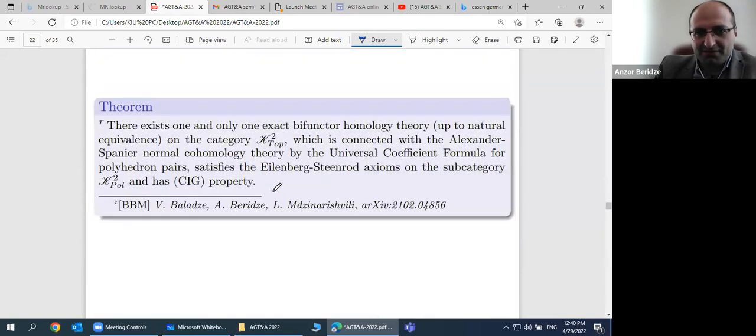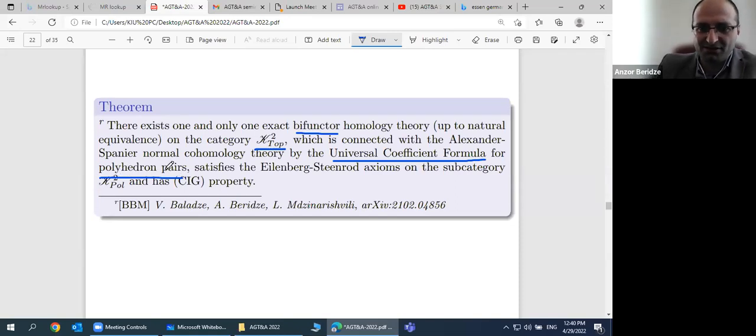But this functor, this homology, must be a bifunctor as well, as in Inasaridze's case. If we have a bifunctor defined on the category of topological spaces which satisfies the universal coefficient formula, but it is enough to consider this universal coefficient formula only on polyhedral pairs.